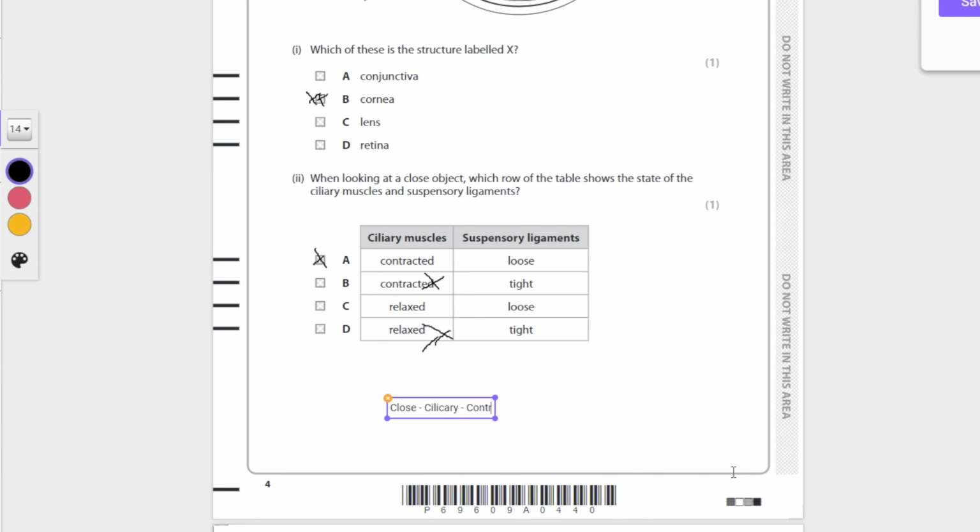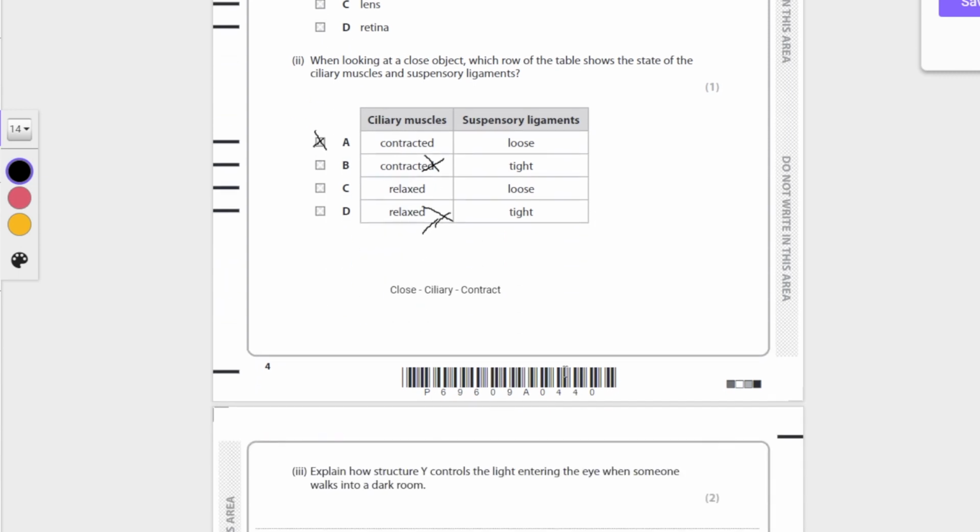So triple C. And you only need to remember one of them because you know the other one's going to be opposite. If you remember close, ciliary contract, you know that when it's far, ciliary relax, and in turn, suspensory when close is loose, and suspensory when far is contracted. So yeah, there we go.